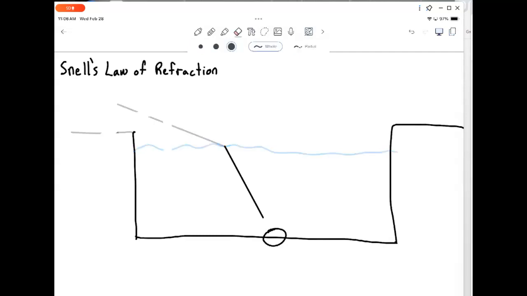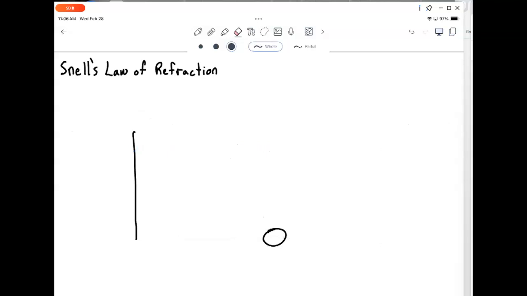So let me just get rid of that stuff. And let me show you what the actual role is for Snell's law, because what it actually has to do with is how quickly light moves through the medium. In this case, the example I'm looking at, we're going from air to water.